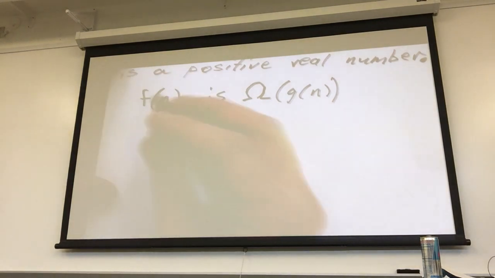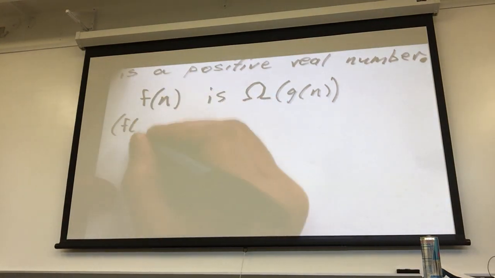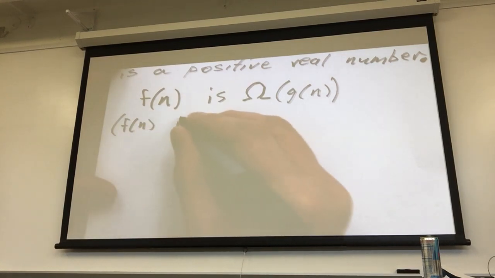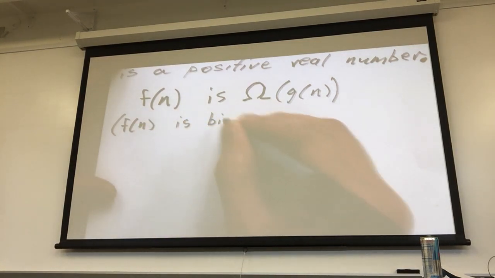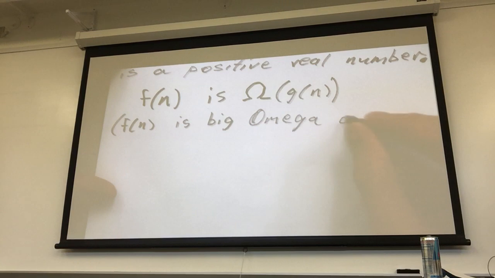Another way to phrase this is f of n is big omega of g of n.